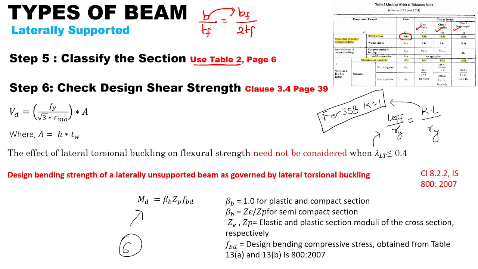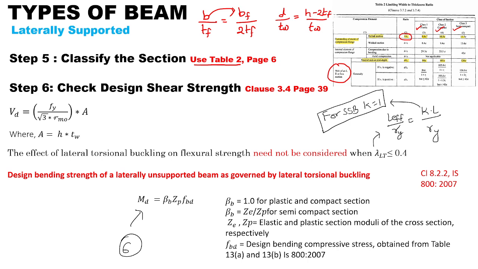After that, we check for the web also, and we find the ratio D over TW. Here D is H minus 2 times the thickness of flange, and TW is the thickness of web. So using this ratio, we can calculate again whether the web is plastic, compact or semi-compact.